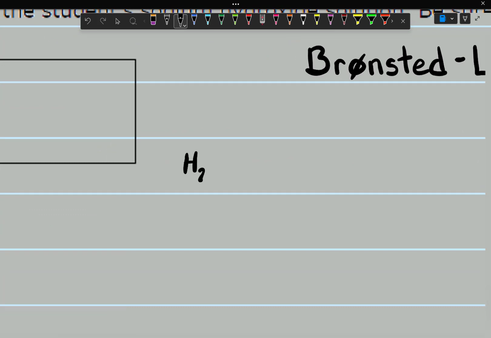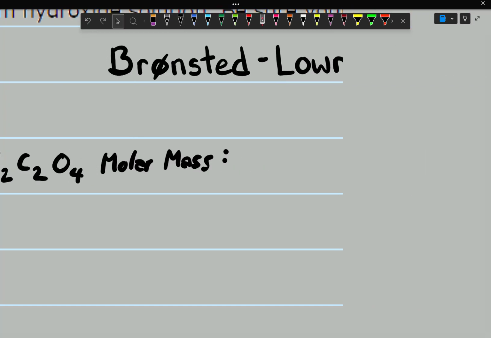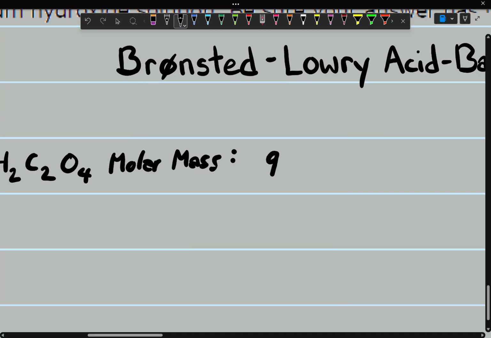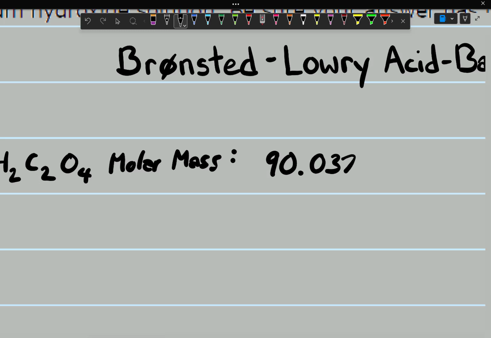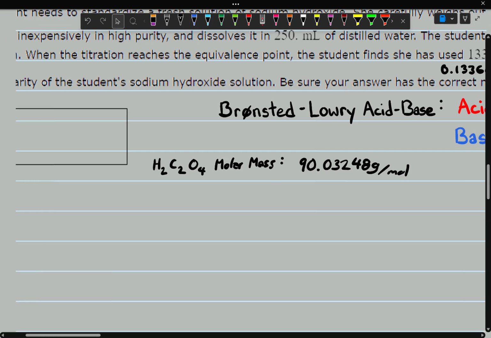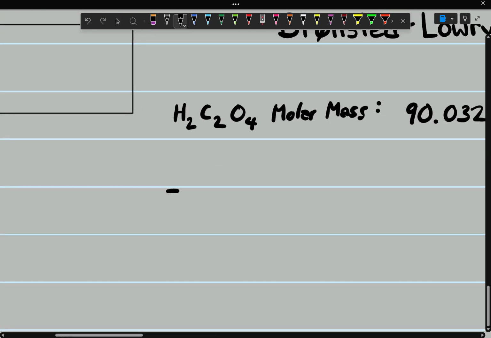The molar mass of H2C2O4 is going to be 2 hydrogen molar masses plus 2 carbon molar masses plus 4 oxygen molar masses. And if you calculate that, we can find the molar mass of oxalic acid to be 90.03248 grams per mole.